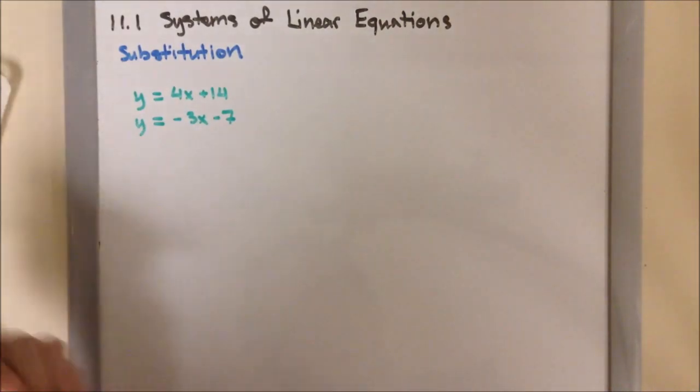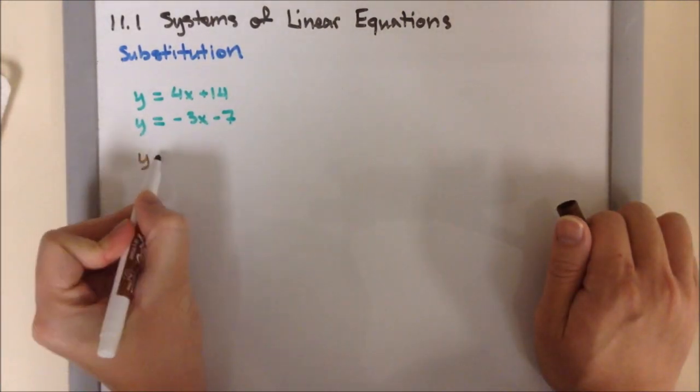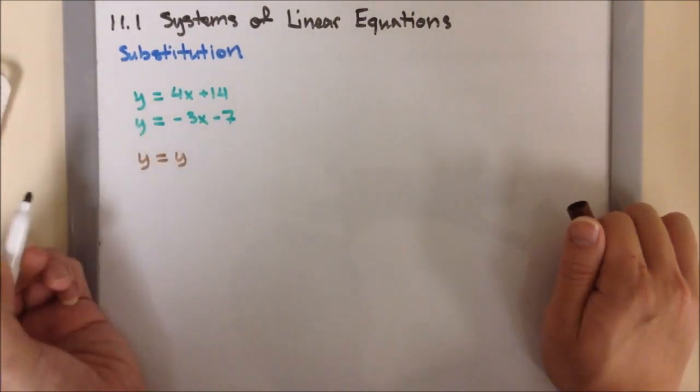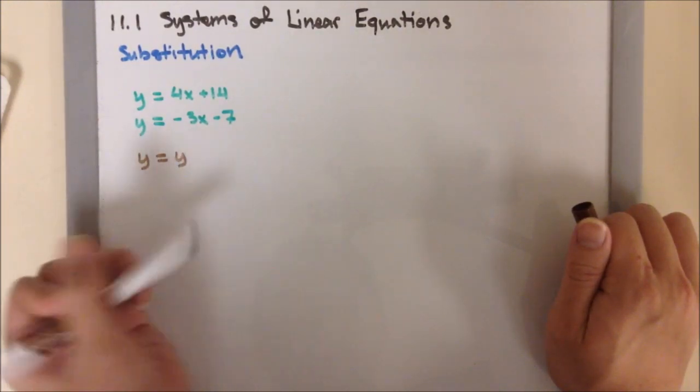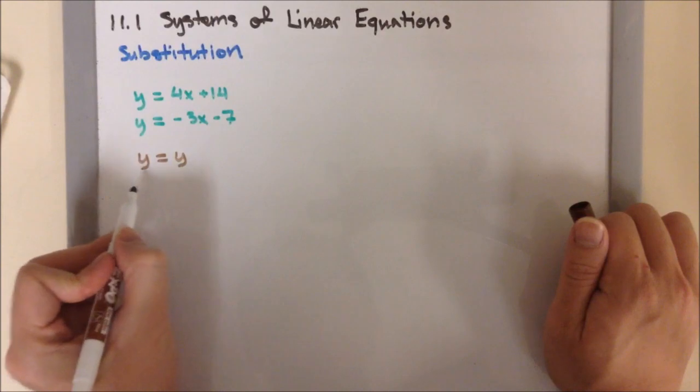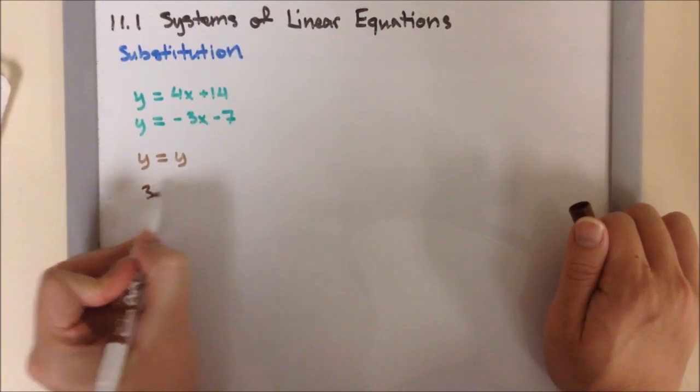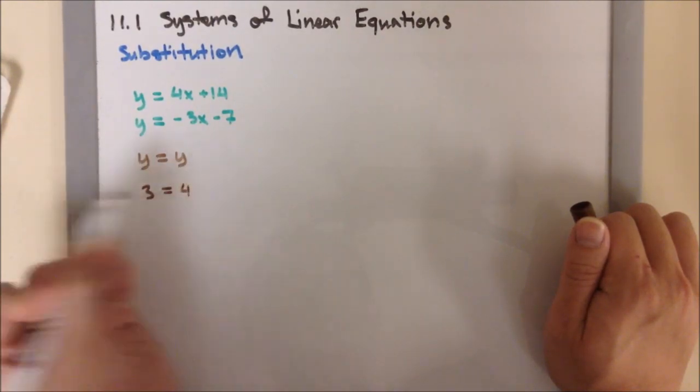So think about it. Y equals y. That's true. Whatever y is, it has to equal the same value. It would be weird if you had 3 equals 4. That's not true.